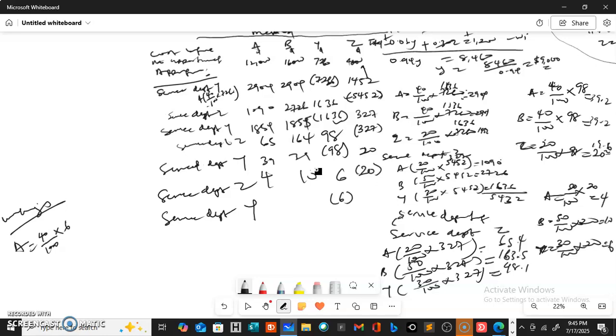For B, 40 all over 100 multiplied by 6. And for Z, we have 20 all over 100 multiplied by 6.